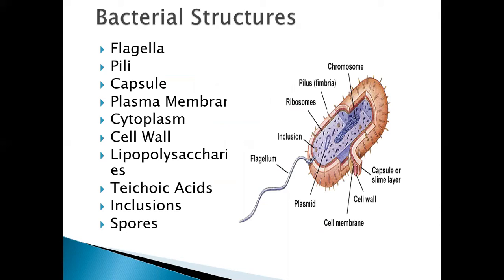I think we spoke about a few earlier, but we're going to get into a little more detail with these structures and their function. So one of the things that I want you to note is that some of these structures present in this bacterial cell form something known as a virulence factor, right?